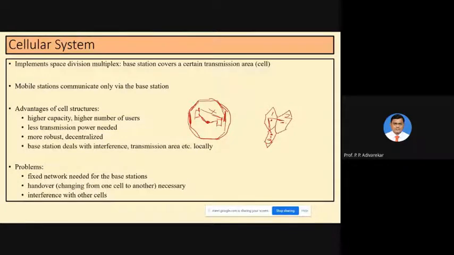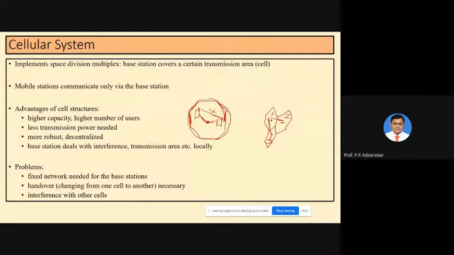In that case what will happen? There must be different base stations involved in the communication. Each base station will have different frequency sets available to it, so it has to handle all those things, and that must be tackled through the base stations.